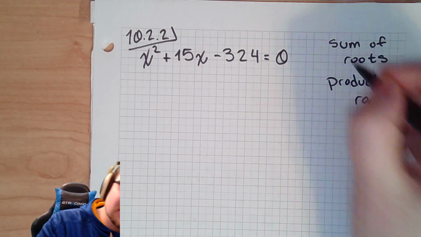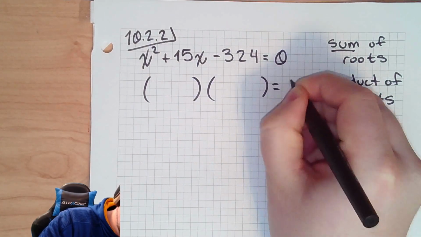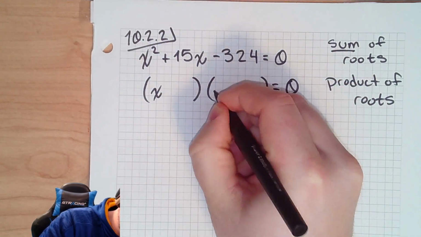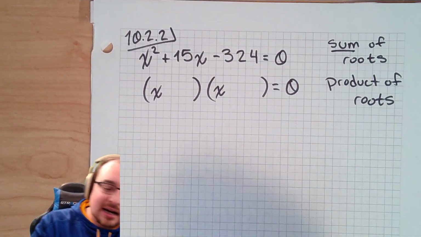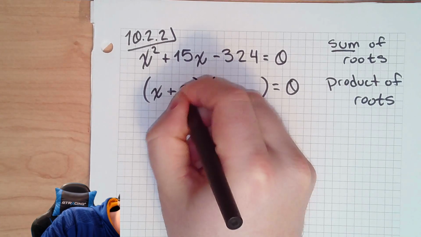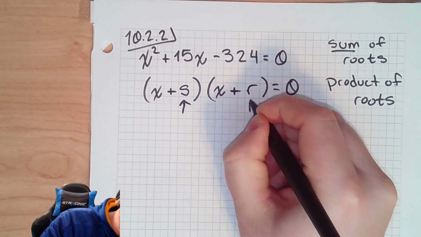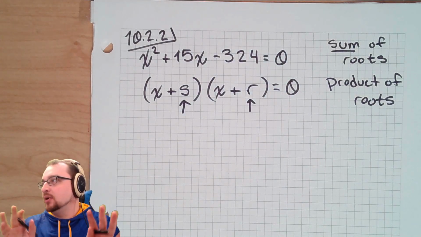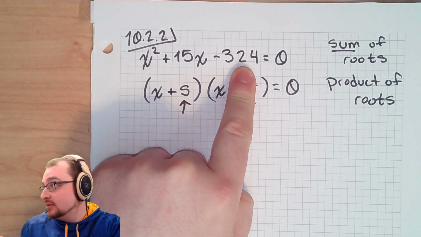So when they want the sum of the roots, let's say this factors, right? We find some factorization. It's x and x, and these are giant numbers, so I'm not going to factor it, okay? I'm just going to say it's like s plus r. There's some number here and some number there that makes this work. Now, you and I both know that we need one to be positive, one negative, so we multiply to get a negative, right?